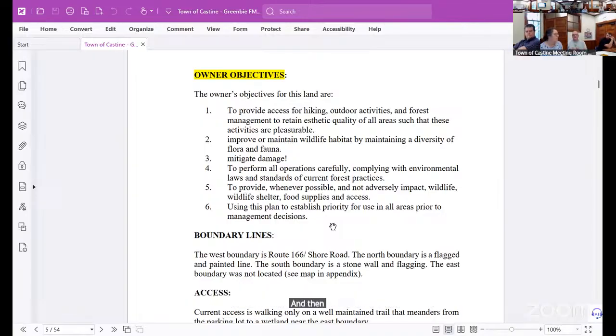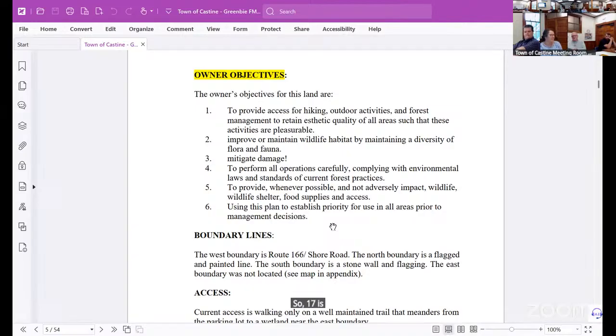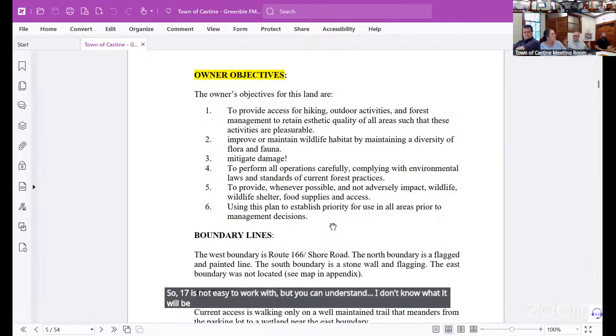And then they gave it 10 years after that to their 3 daughters, who now have given it to 17 grandchildren. Oh my God. So I know what it's like. I don't know what the town population down here is, 1,000? Whatever, so 17 is not easy to work with, but you can understand, I don't know what it will be, and that's where as a group we need to get.